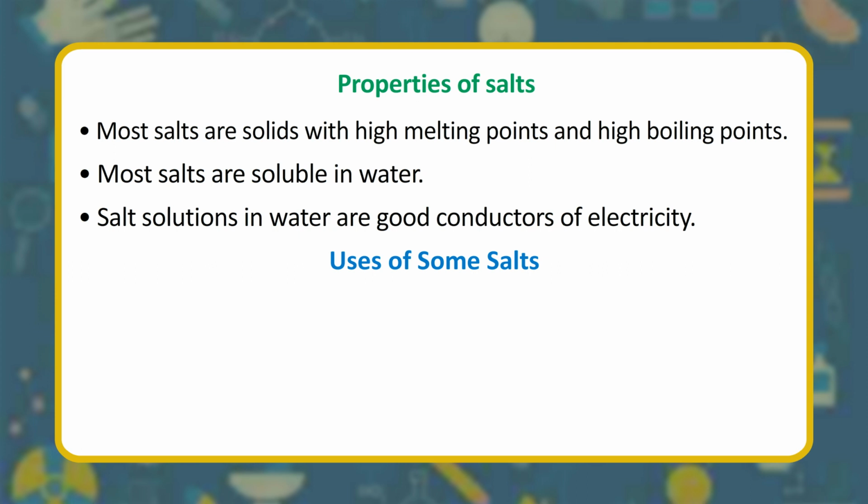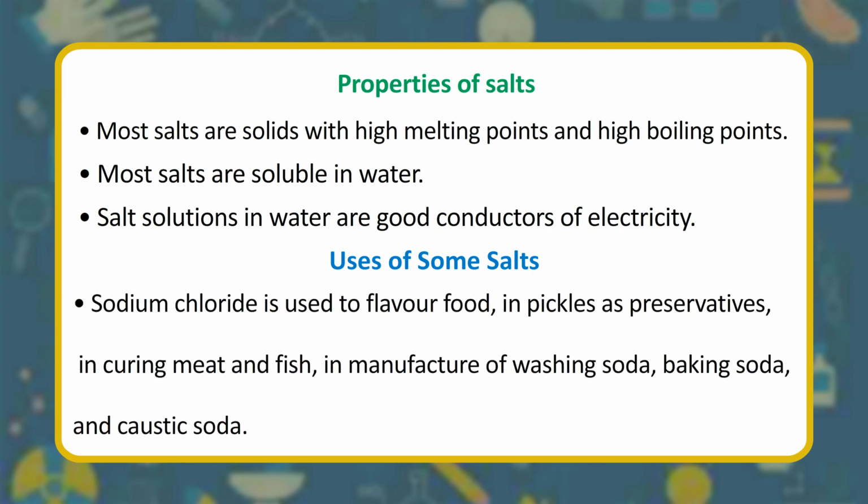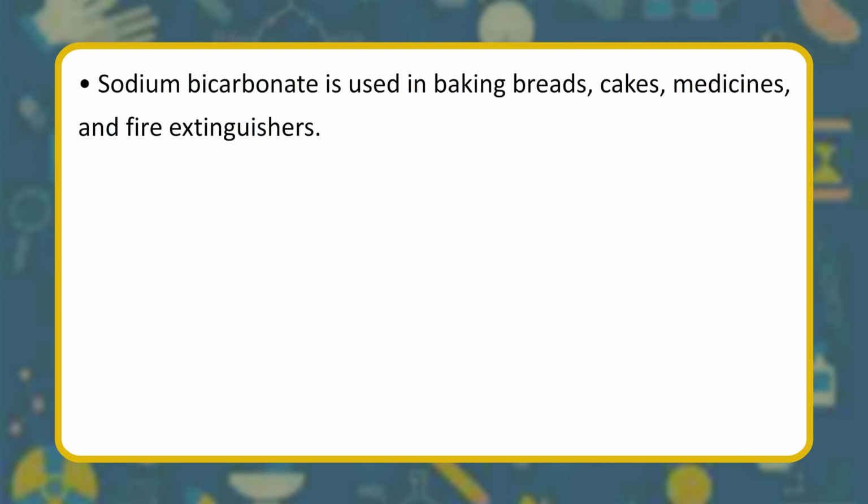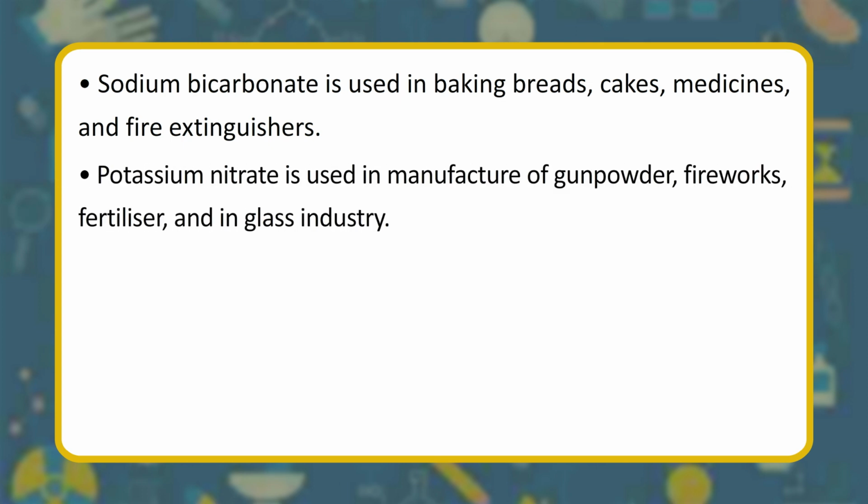Uses of some salts. Sodium chloride is used to flavor food, in pickles as preservatives, in curing meat and fish, in manufacture of washing soda, baking soda, and caustic soda. Sodium bicarbonate is used in baking breads, cakes, medicines, and fire extinguishers.